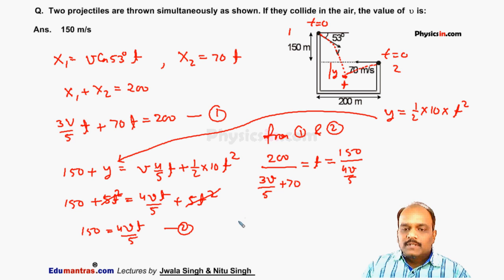So from these two expressions we get v as 150 meter per second. After solving, we get t from here and t from here. These two t are same, so we can equate these two t, and solving it we get the value of v. So this is the speed of projection of the first ball.